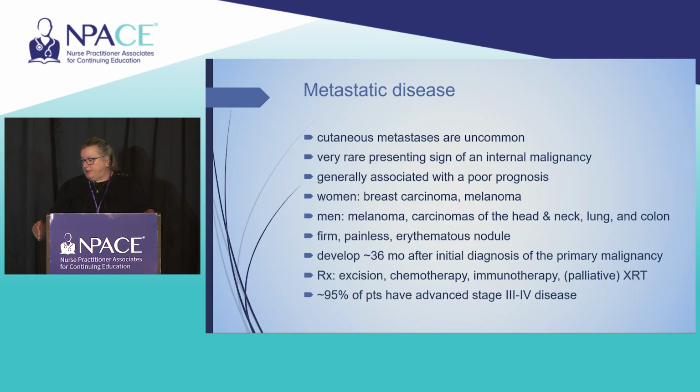Most commonly we'll see it in breast cancer or melanomas in women or men who have melanomas, carcinomas of the head and neck, or lung or colon cancers in men. But the lesions are not erythematous, they're not painful. They pop up actually fairly often in the body area affected. That one happened to be on his forehead from his colon cancer, but it is a sign of an advanced metastatic disease.